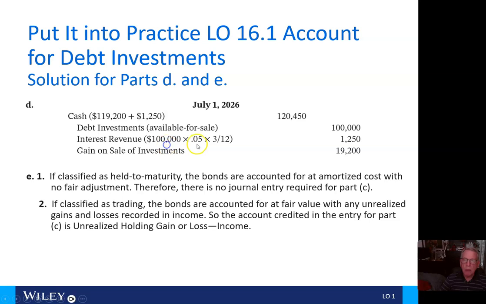That's 100,000 times 5% times 3/12 because we're selling it in July. And then we're going to have cash of the $119,200 plus $1,250, or $120,450. The debt investments available for sale, the original $100,000, will zero out. Interest revenue, $1,250, and the gain from the sale would be that differential.